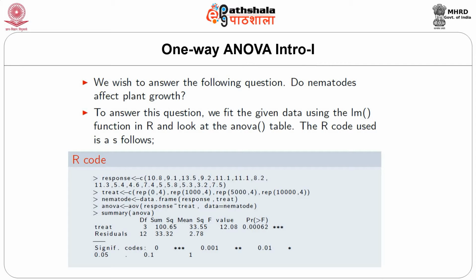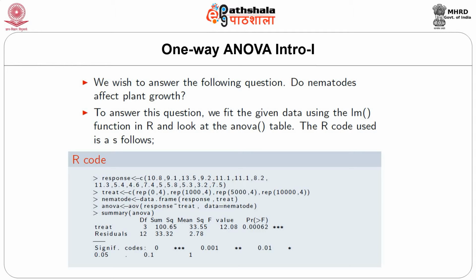So, now you find the ANOVA using aov and you get a summary of the ANOVA in this way: Df, Sum Sq, Mean Sq, F value, Pr(>F), and 3 stars. The 3 stars give you the significance codes: 0 means 3 stars, 0.001 means double star, 0.01 means single star, 0.05, 0.1.